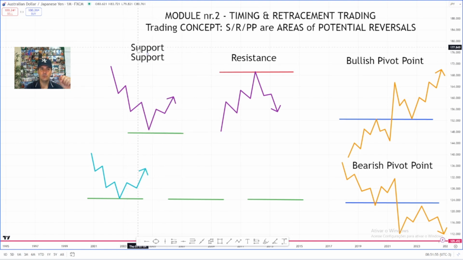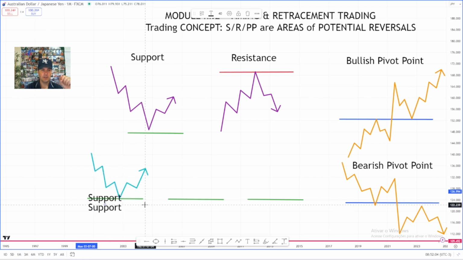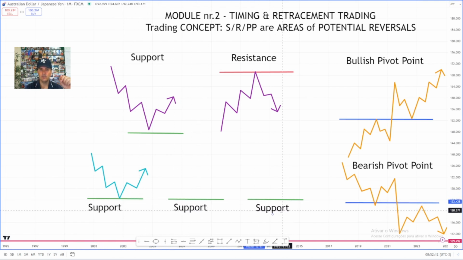We're talking about support. Give me a second. Support in here, and clone, and clone. There you go. TradingView is working well today, no issues with the mouse too.